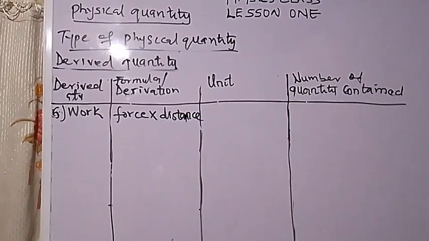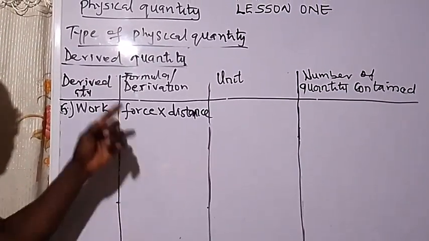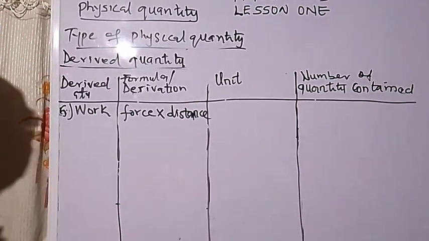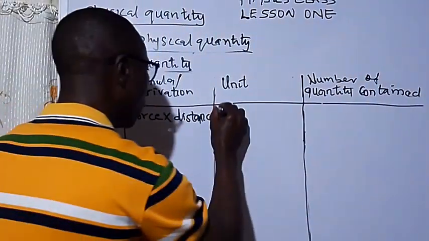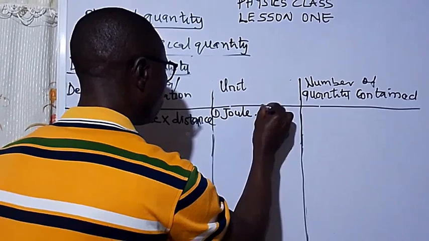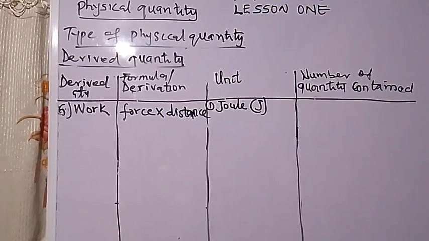Let's now see the various units that we can have for work. The first unit is the common one that we know, which is joule. That's the first unit of work.